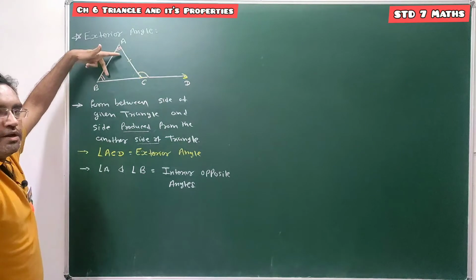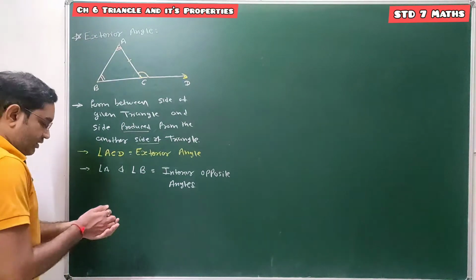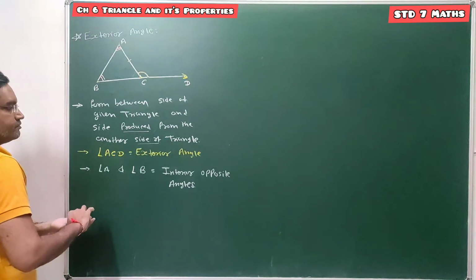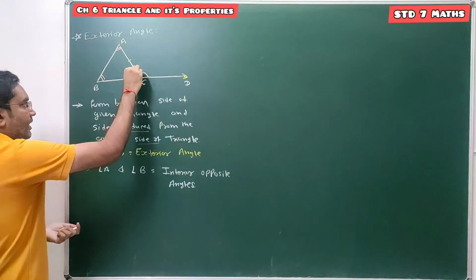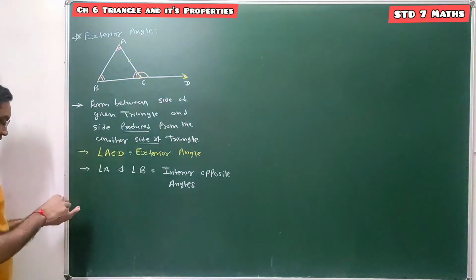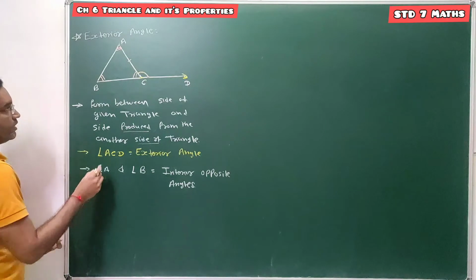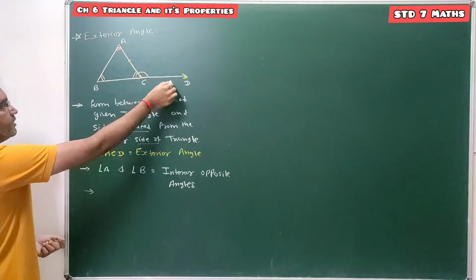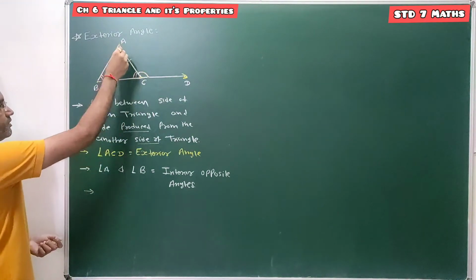So these are the two interior opposite angles, and this is known as the interior adjacent angle. This angle C, there is confusion whether angle C means ACD or ACB.